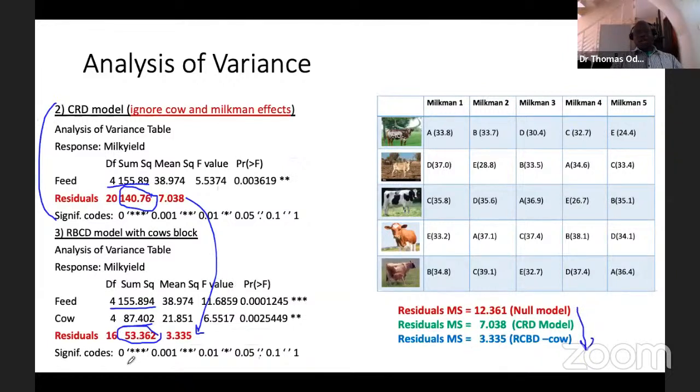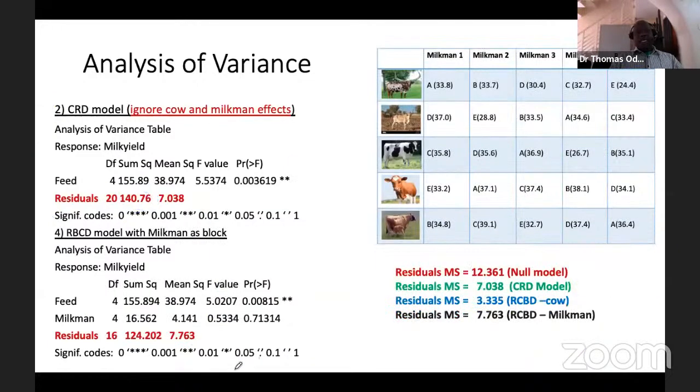So let's go and look at model number 4. Model number 4 uses the milkman as a blocking effect. Here we ignore the effect of the cows. We only look at the milkman and then the treatment. Something strange is happening here. This is a model as CRD. This is a model as RCBD with the milkman as a block.